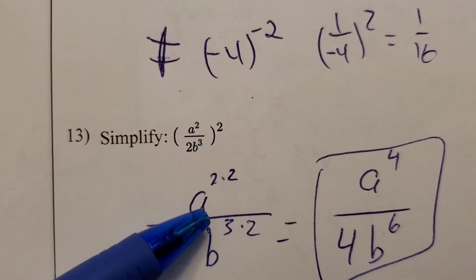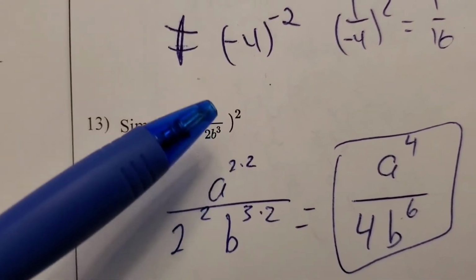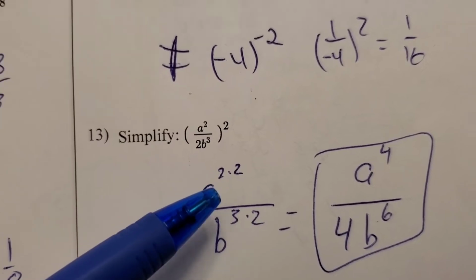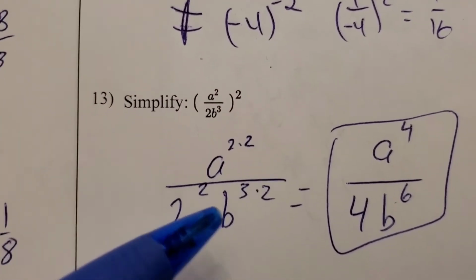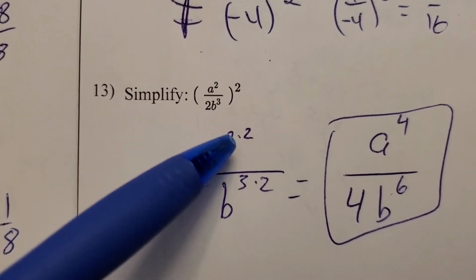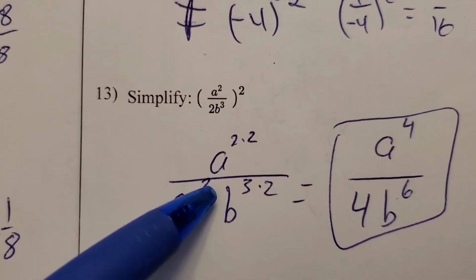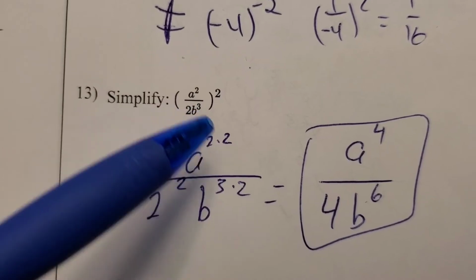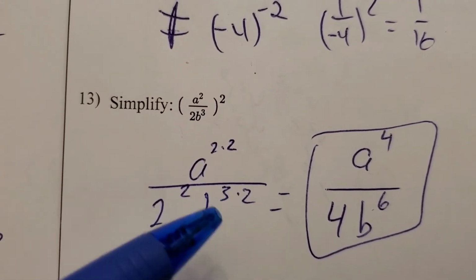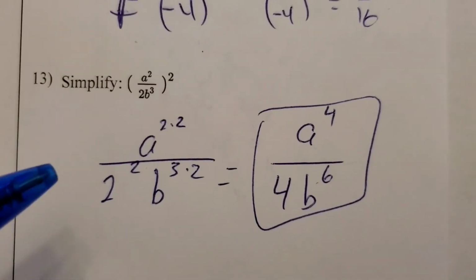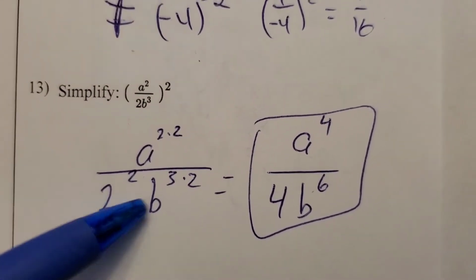Well, you're going to be squaring our numerator, which is a squared. Power raised to a power, you multiply them. So it's a to the 2 times 2. Then down at the bottom, you've got 2b cubed squared, and then we have to give that square to the 2, so it becomes 2 squared. And b cubed, which becomes b cubed, and then we're multiplying 3 times 2. So it becomes a to the 4th over 2 squared, which is 4b to the 6th power.